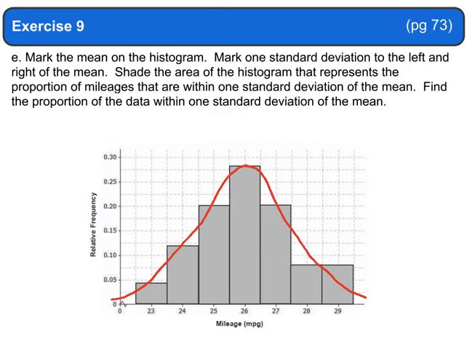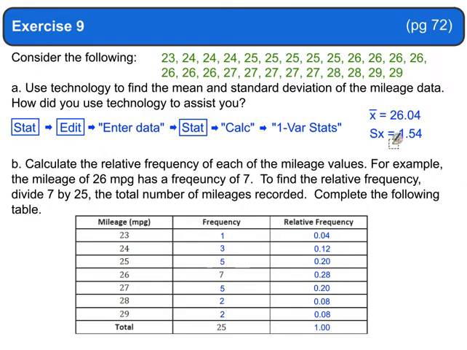And then this last piece, they want us to mark the mean on the histogram. The mean we said was right around here, 26. Let's see, what else did we have? We had our standard deviation, which was 1.54.